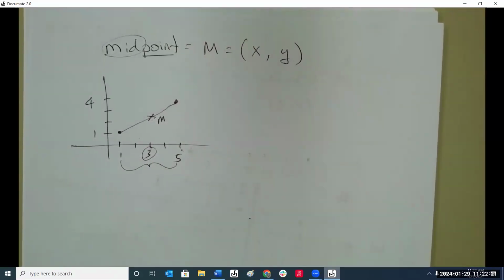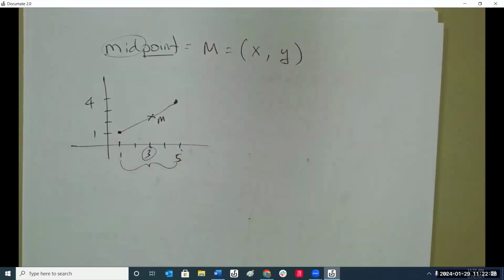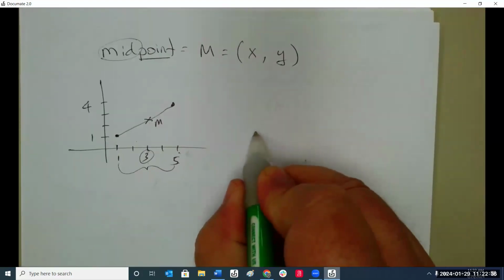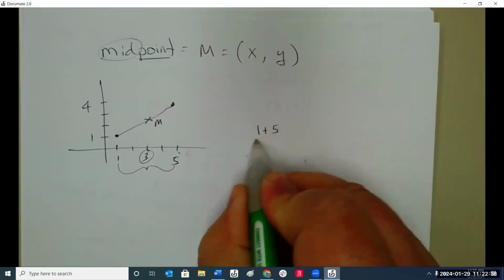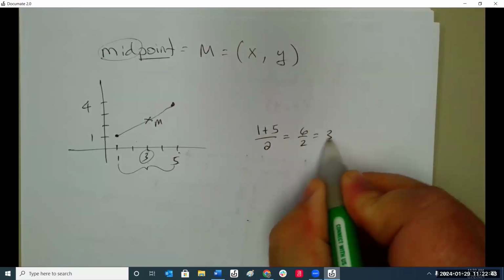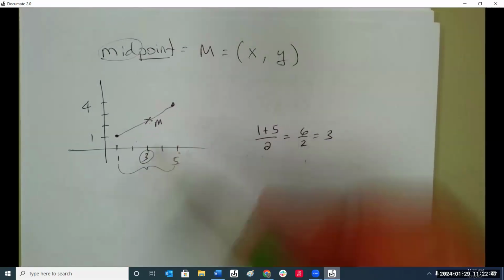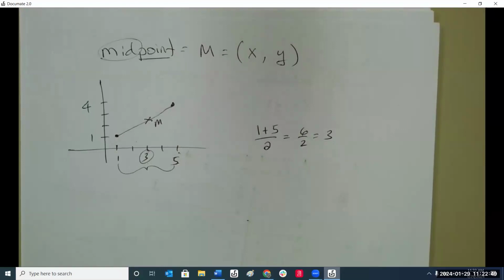Now, is there a math equation we can use to find it? We have 1 and 5. How do we get 3? Very good. If we took the two numbers, 1 plus 5 and divided by 2, basically mid means halfway. Halfway means average. It's the average of the two distances.